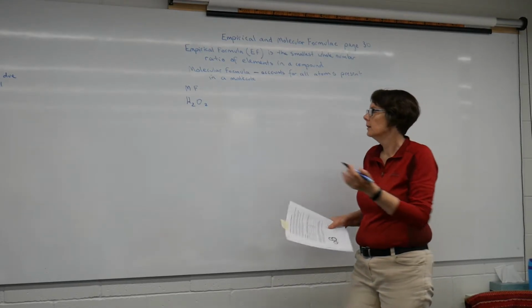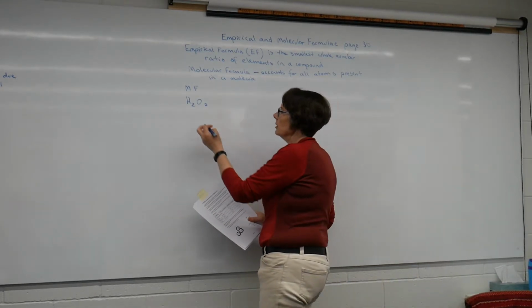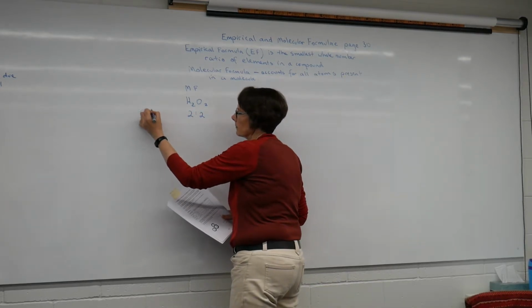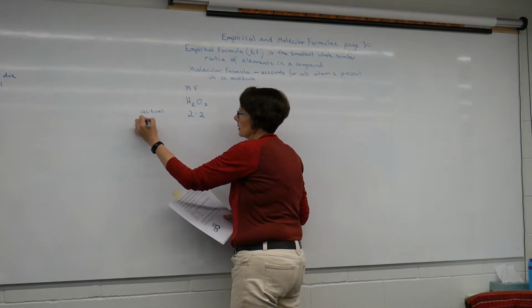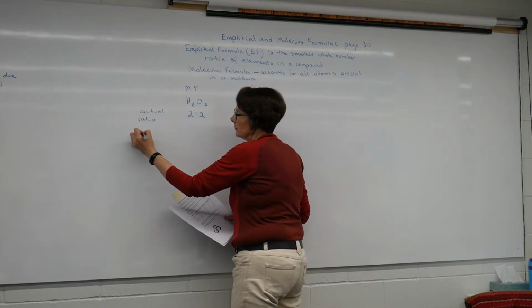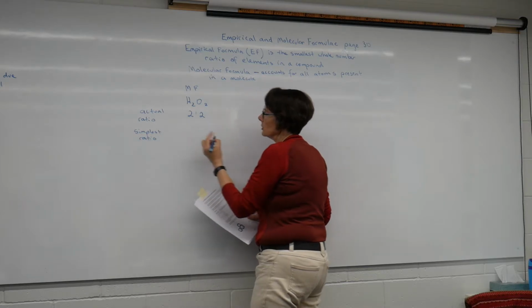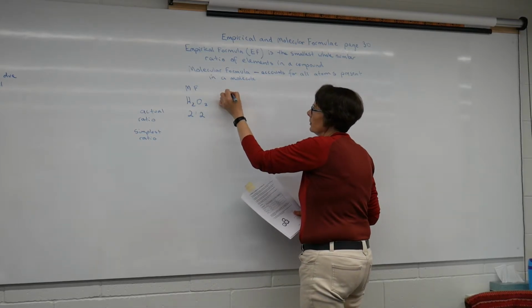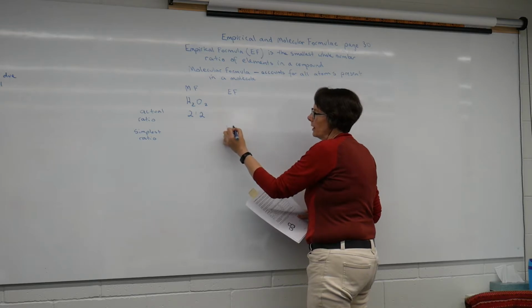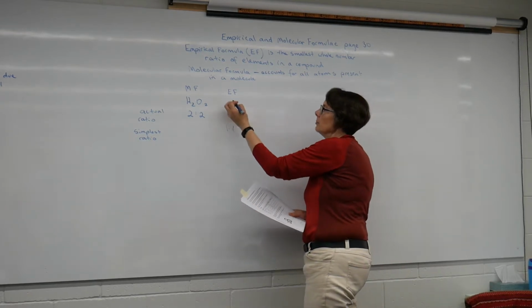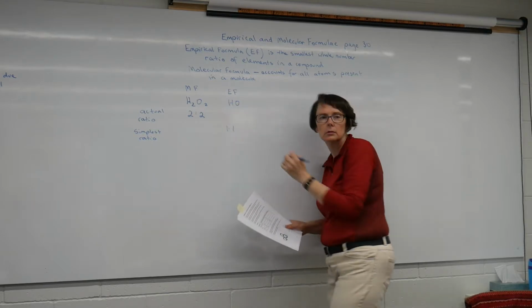If we look at the actual ratio, then that would be 2 to 2. And if we simplify that to the simplest ratio for the empirical formula, we get a 1-to-1 ratio, which then means that the empirical formula is HO.